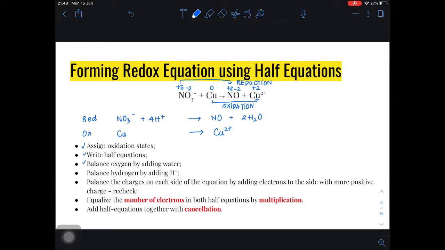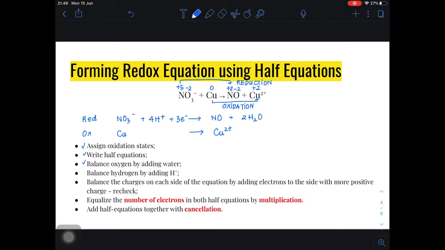Now we want to balance the charge by adding electrons. At the top, the left hand side is +3 and the right hand side is 0. So we need to add 3 electrons. Therefore, the charge on the left and on the right is the same.